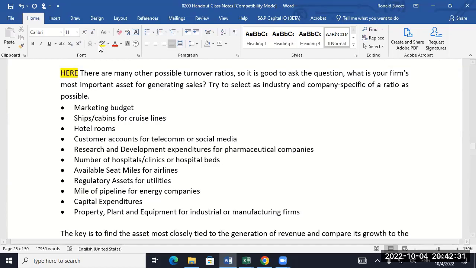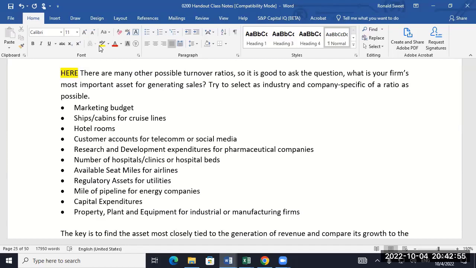So for Nike, I would probably use sales to marketing dollars. That just makes a lot of sense to me. For Costco, sales per store, or sales per square foot. For UPS and FedEx, I'd probably do revenue per PP&E, but we can look and see if there's other things to do. If you're a service firm like Salesforce or Accenture, definitely revenue per employee.